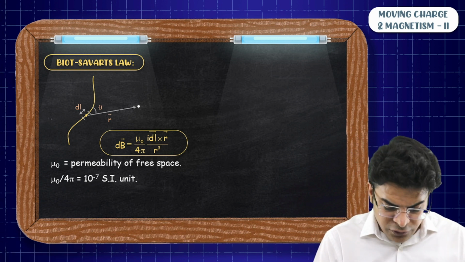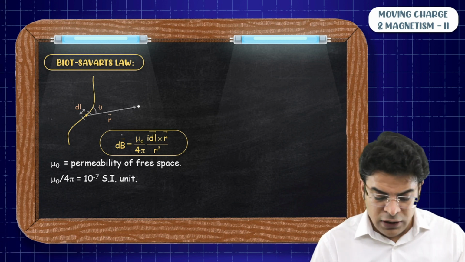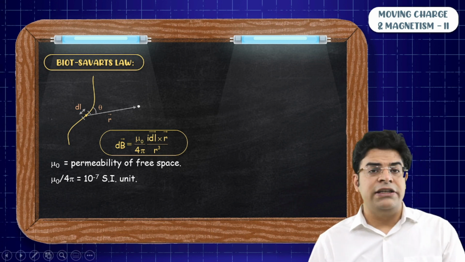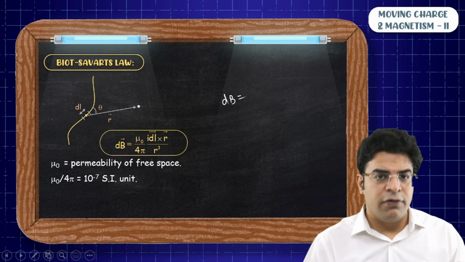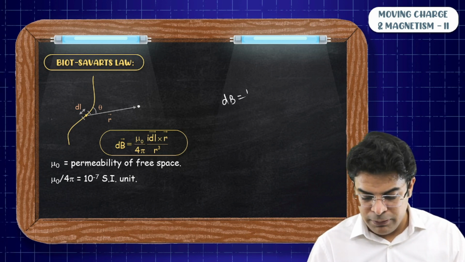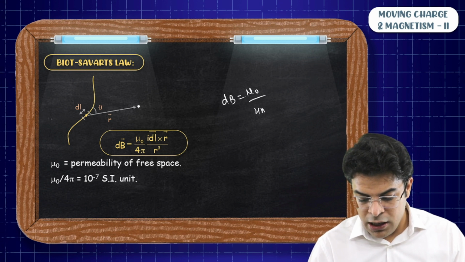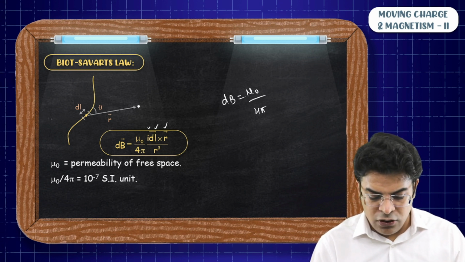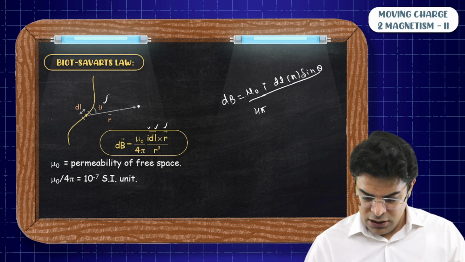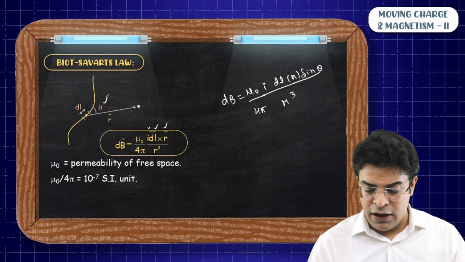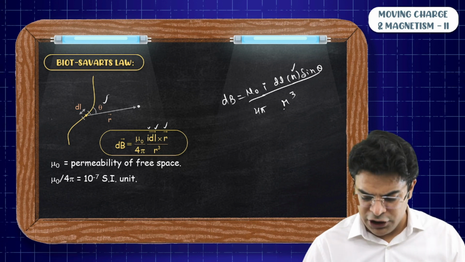Now, if you do not like to write it in vector form and you just need the magnitude of the infinitely small magnetic field, you will write the magnitude to be mu naught by 4 pi. In place of dl cross r, you will write dl into r into sine of the angle between them, sine theta, upon r cube. And here you have got one r in numerator, one r cube in denominator.